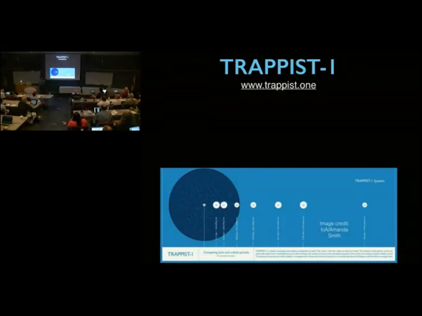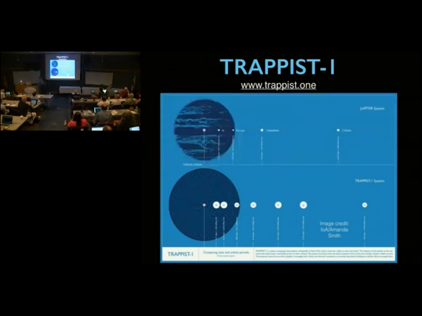Now, this system is so compact that comparing it to the inner solar system is not a good analogy. Instead, a good analogy is comparing it to the Galilean moons of Jupiter. And so we can start to see here just how diverse and extraordinary these habitable zone planets can be.